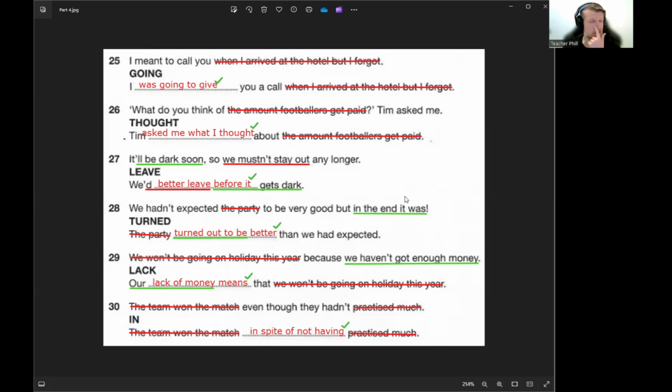So there are different things that you can do to make your life easier by crossing out things, by underlining the things that you have to transform. But at the end of the day, if you struggle with phrasal verbs, or with certain expressions that you haven't seen before, then you just need to accept that you might not get the correct answer here and move on.